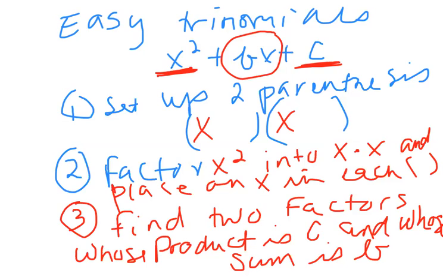Sum means addition. Find 2 factors such that their product is c and the sum is b. As in, guys, let me put it in layman's terms for you. You want two numbers that multiply to give you c, and then when you add them together, you get b. That's all. And whatever those two numbers are, you want to place a factor in each parentheses.